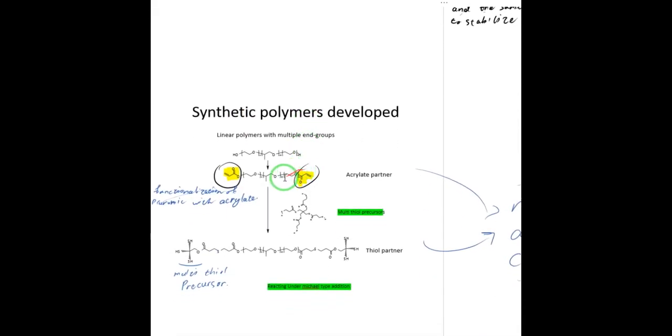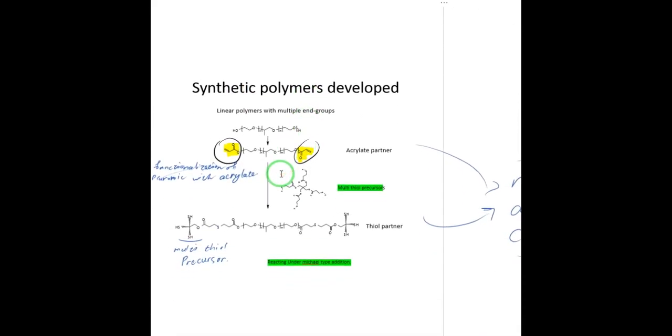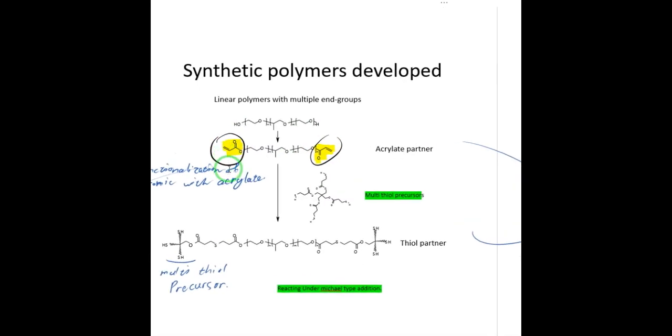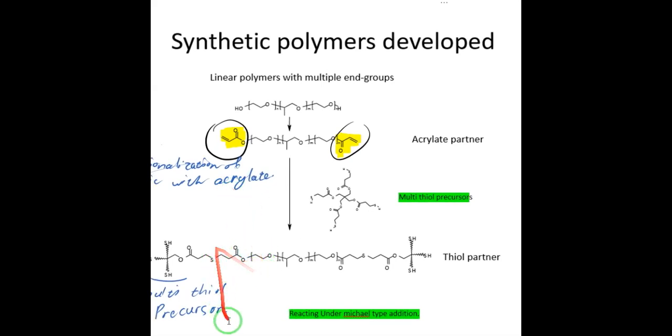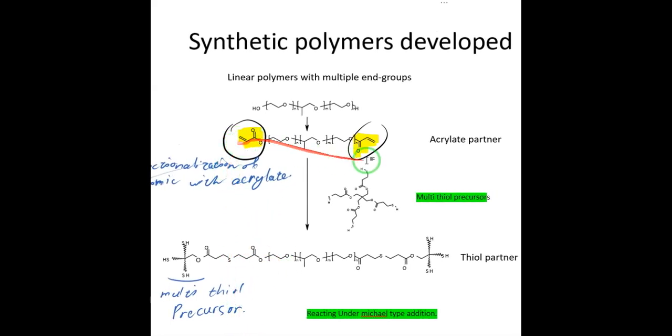To solve this problem, we can have again the polyuronic polymers, and we can add these acrylate partners to them. Just notice that they have the double bonds as you see here.